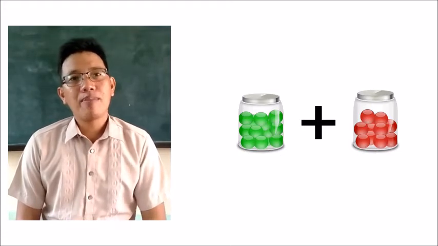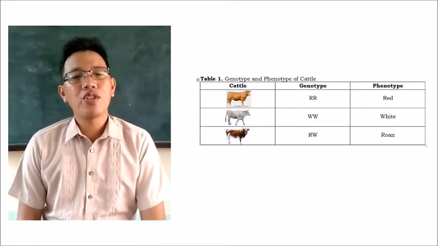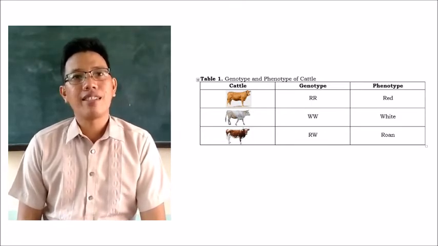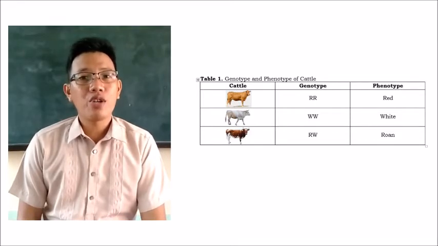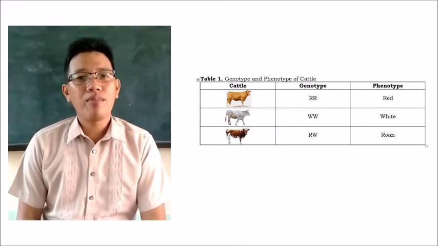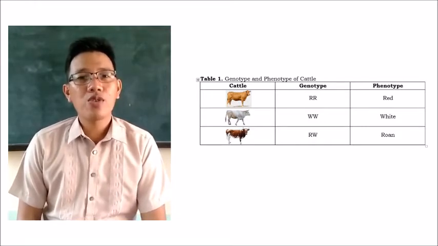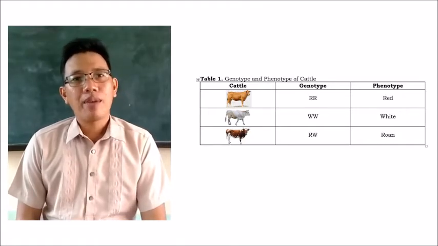Let us check table 1, which is about genotype and phenotype of the bulls, cows, or cattle. For the genotype RR, the phenotype is red. For the genotype WW, the phenotype is white. So again, look into the homozygous genotypes. We have RR and WW.